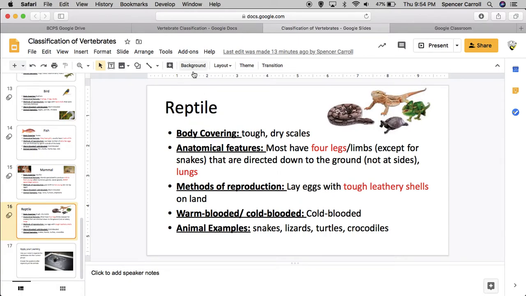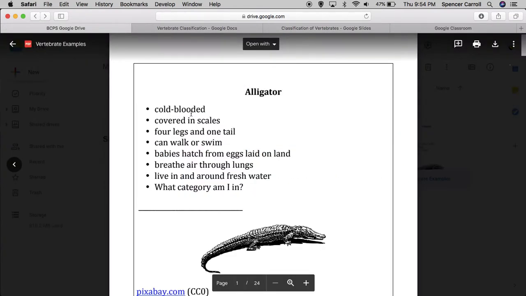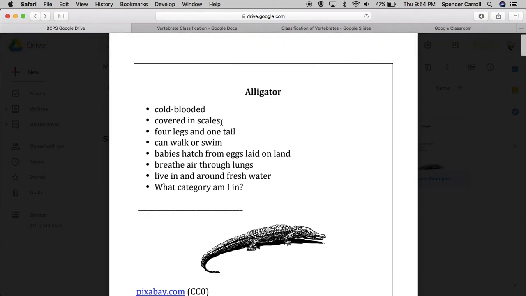Okay, so reptiles are covered in scales. They generally have 4 legs. They lay eggs on land, and they're cold-blooded. Let's check. Cold-blooded, check. Scales, check. Have 4 legs, check. Babies hatch from eggs. So there we go.